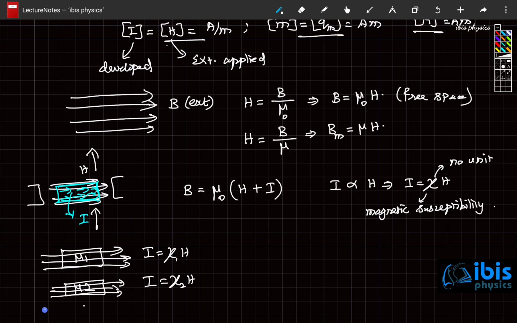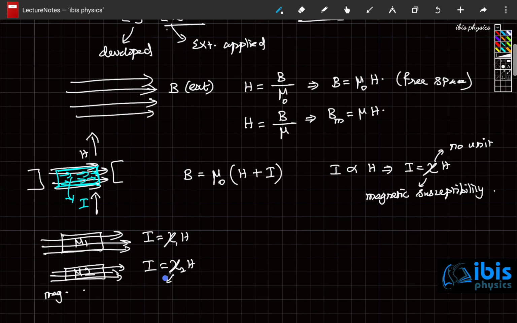That means it is more susceptible to the magnetic field. That is why this is called magnetic susceptibility. If the magnetic susceptibility is large, then it is a more magnetic material. If susceptibility is less, it is a less magnetic material.